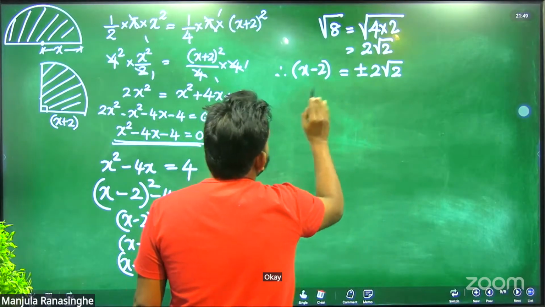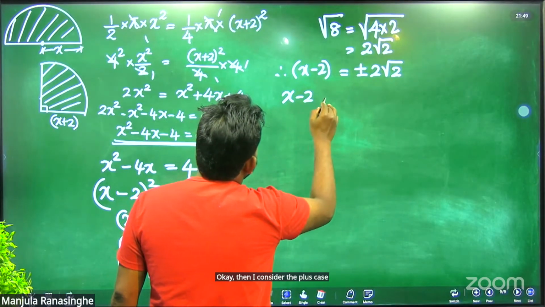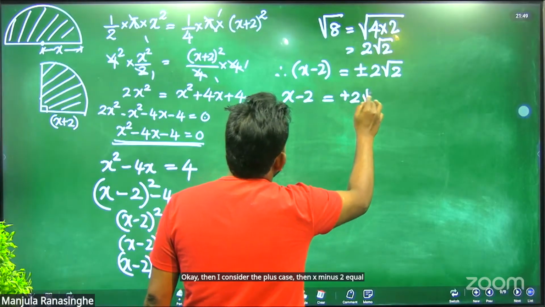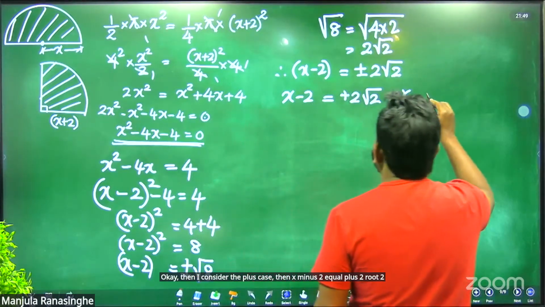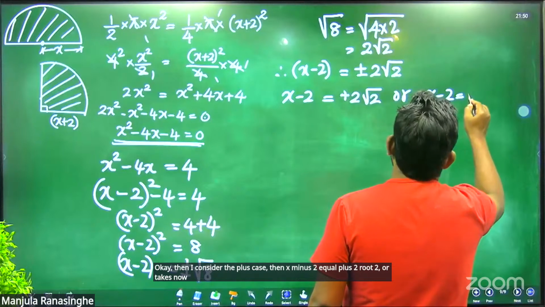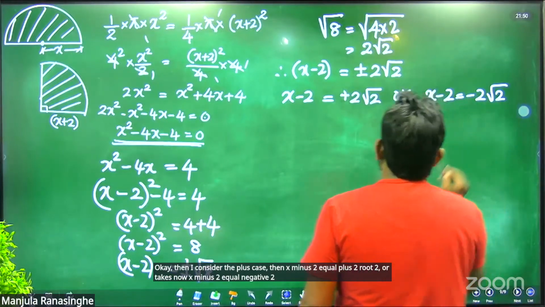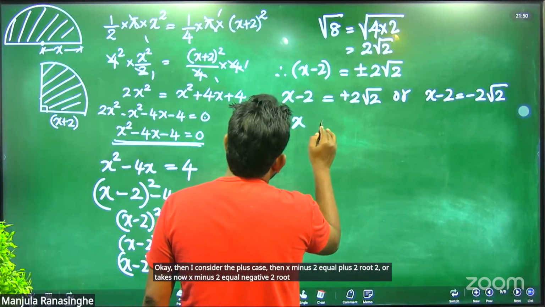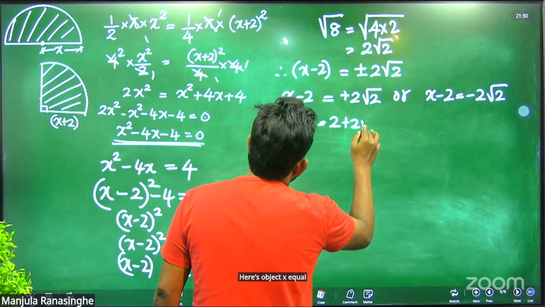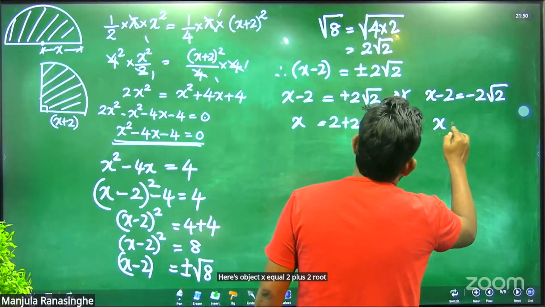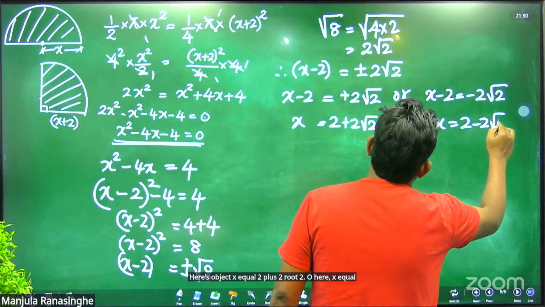Okay, then I consider the plus case: x minus 2 equals plus 2 root 2, or x minus 2 equals negative 2 root 2. Here, making x the subject, x equals 2 plus 2 root 2, or x equals 2 minus 2 root 2.